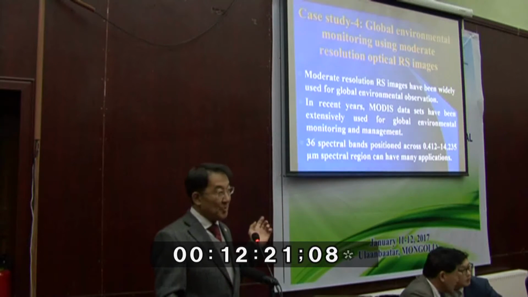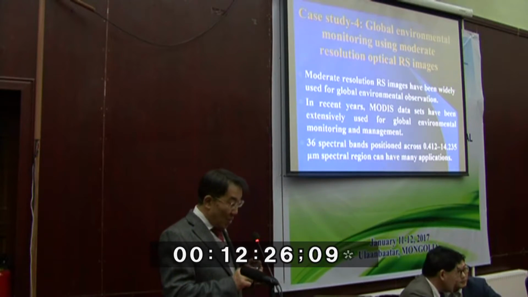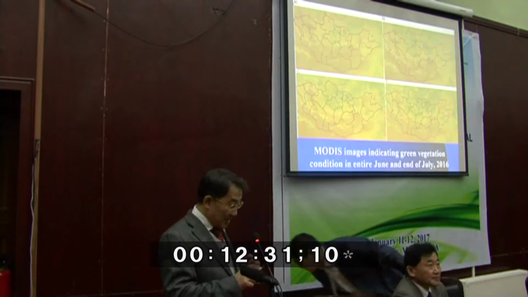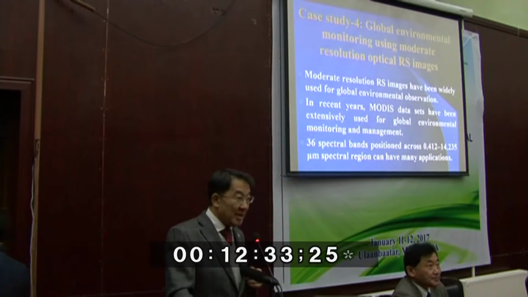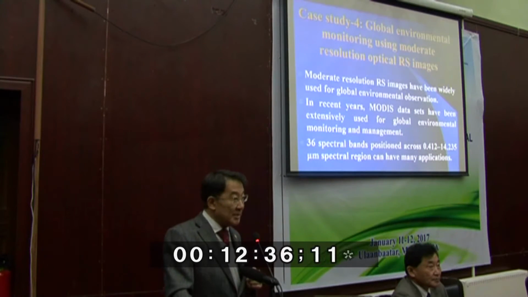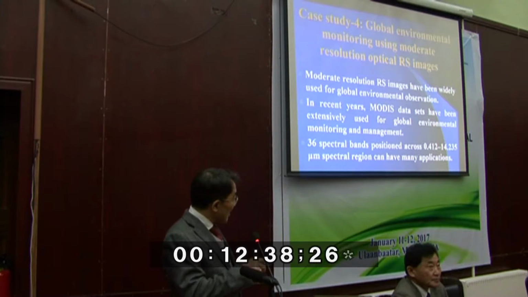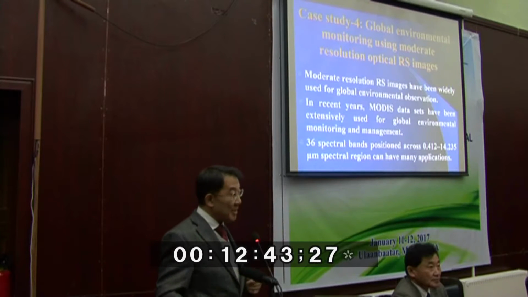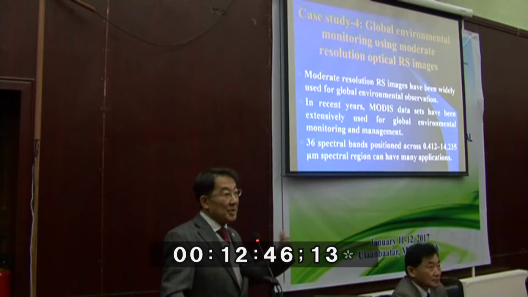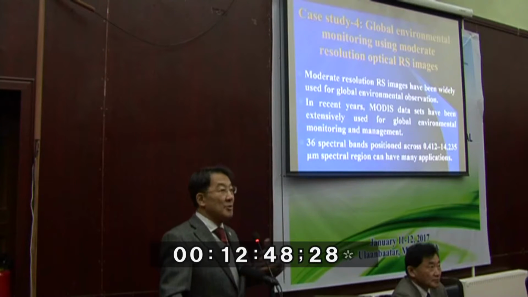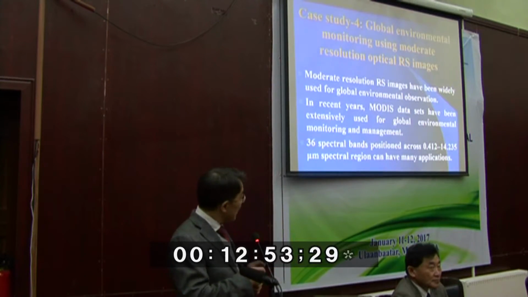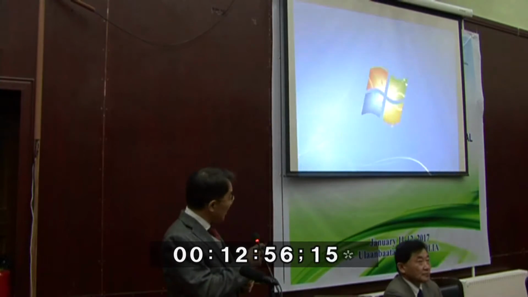I want to demonstrate some of the case studies conducted using MODIS images. As MODIS has 36 spectral bands between blue and thermal infrared ranges, the data sets can be used for almost all kinds of environmental monitoring and management activities.